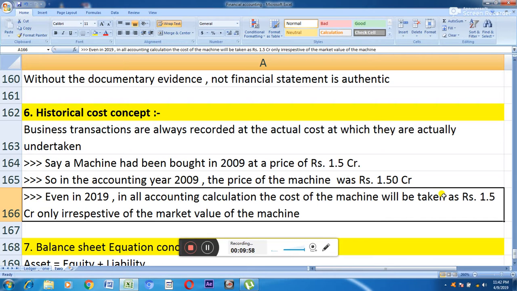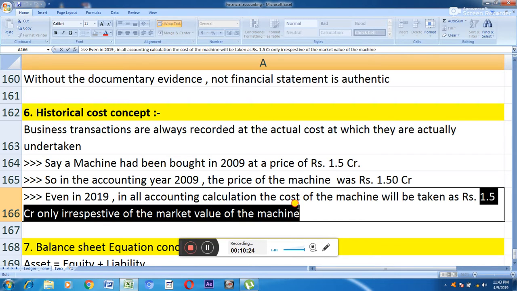In 2019 also, when you are presenting the accounting data or the financial statement to external persons, then also you will show that the asset which you have, that is the machine, the value of the machine in 2019 is also 1.5 crore, irrespective of the market value.